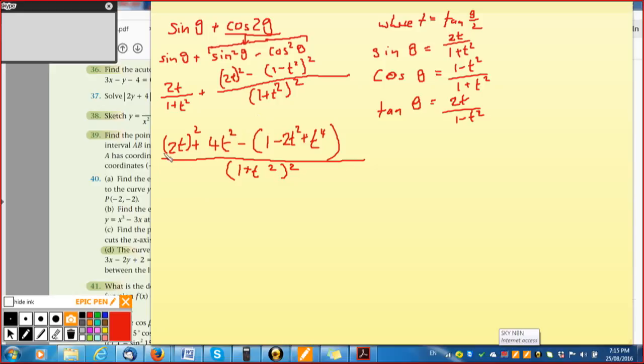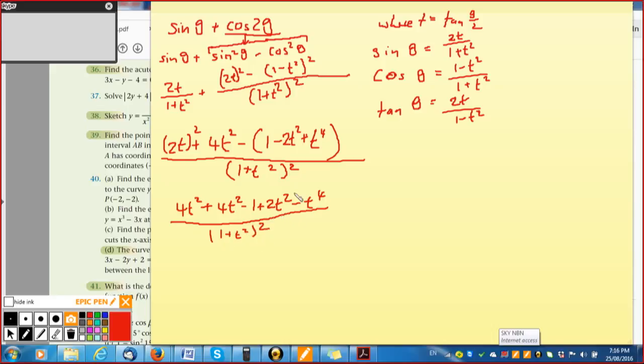That's going to be 4t squared, that's going to be 4t squared, that's going to be 2t squared. So it's 4t squared plus 4t squared minus 1 plus 2t squared minus t to the power of 4, all over 1 plus t squared all squared.